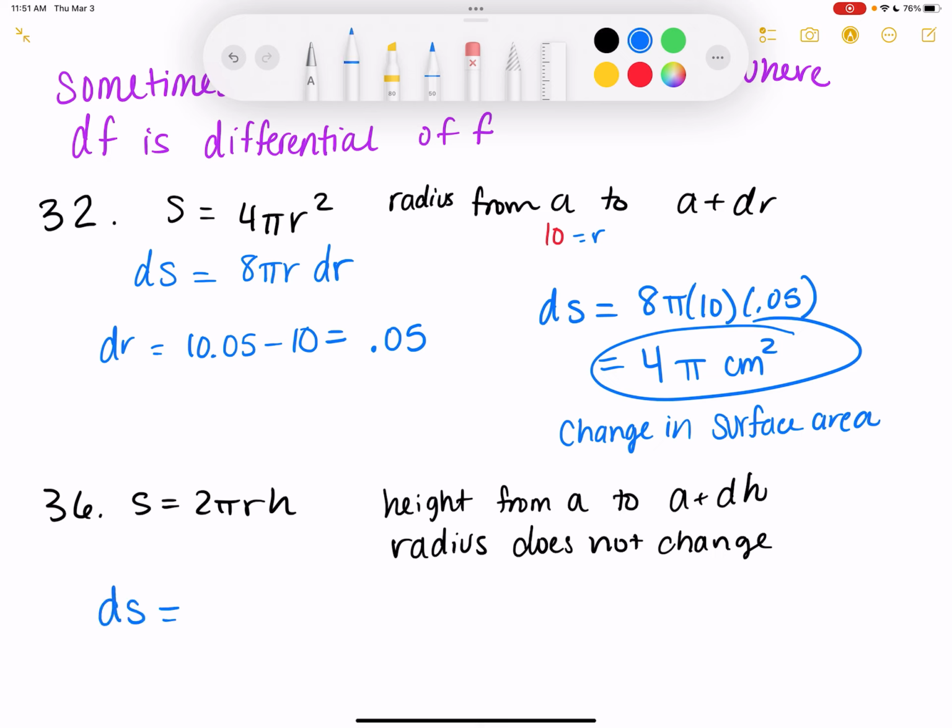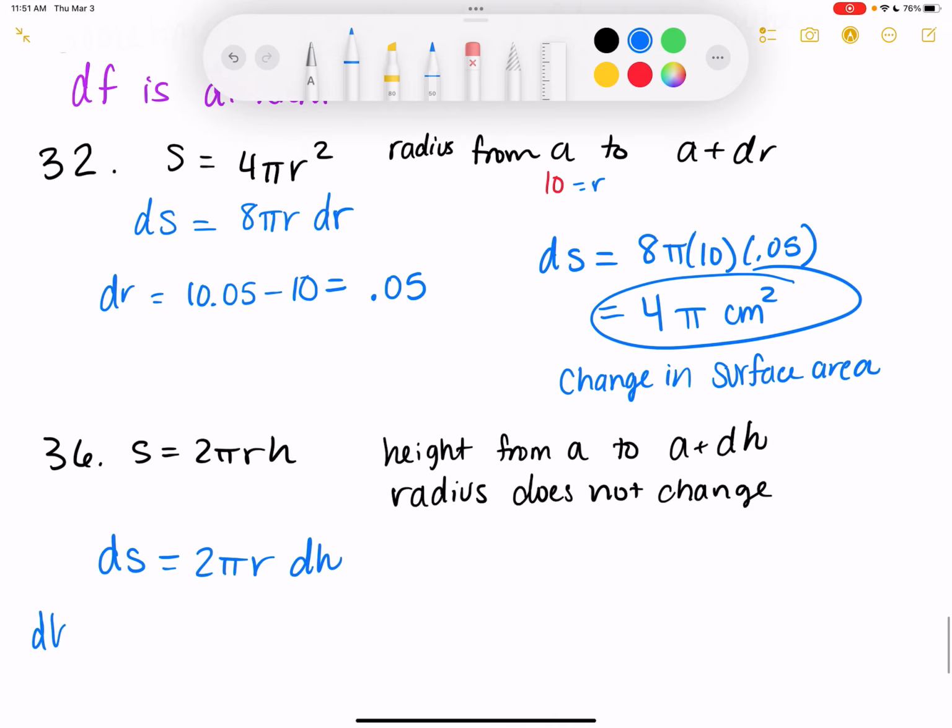So ds is equal to just taking the derivative of h, which is just 1, so it's just 2 pi r dh. Then again, like we found dr, dh would be equal to 10.05 minus 10, again just from the instructions. So it's 0.05.